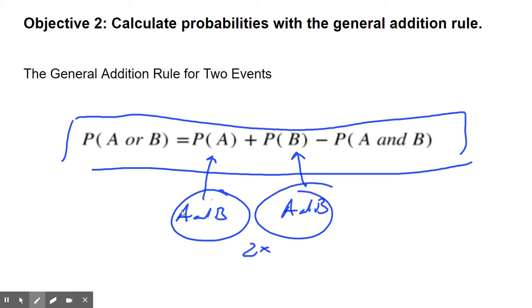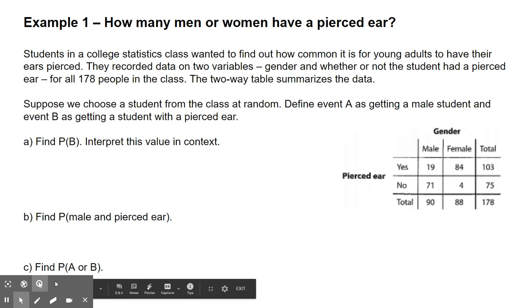That is going to usually lead to a probability that's greater than 1, which is a problem. That's why you have to subtract the probability of A and B one time so that you don't overcount certain situations. All right, so be aware of that as you look at problems.